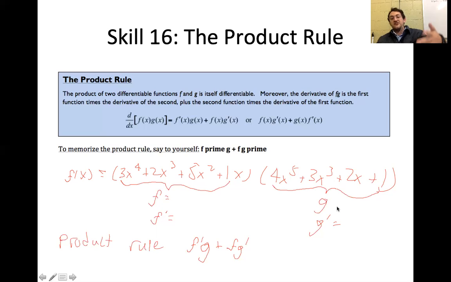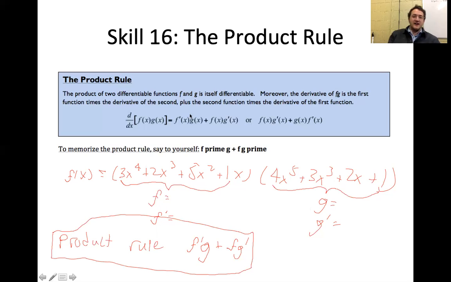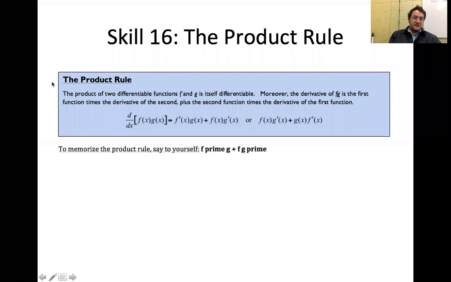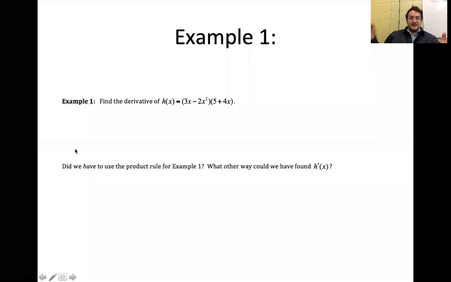So you can imagine, I take each part, I take the derivative of each part, and then I use this handy dandy formula, which is the product rule. And this is what you should remember all the time. Okay, let's look at a sample situation.